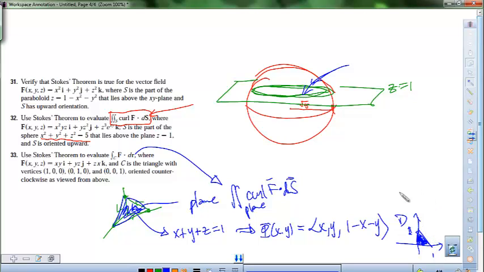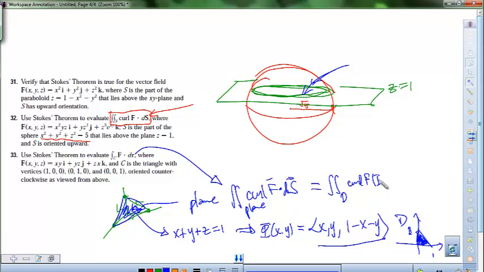So for the curl of F, you need to plug in this parameterization after you take the curl, and then integrate. So this is going to become a double integral over this domain D. And then you take the curl of F and evaluate it at this parameterization.